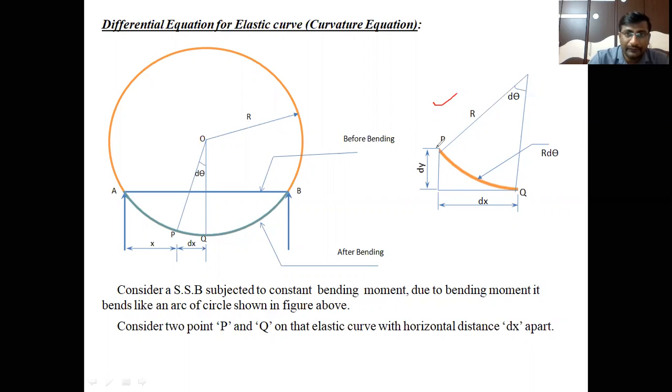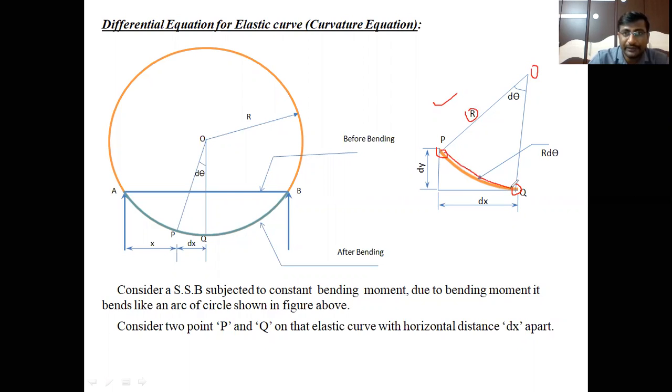P is one of the points on the curve and Q is another point on the curve after bending. PQ is a curve, an arc of a circle, which subtends an angle d theta at the center of curvature O, and the radius of curvature is R. And this is the arc length.